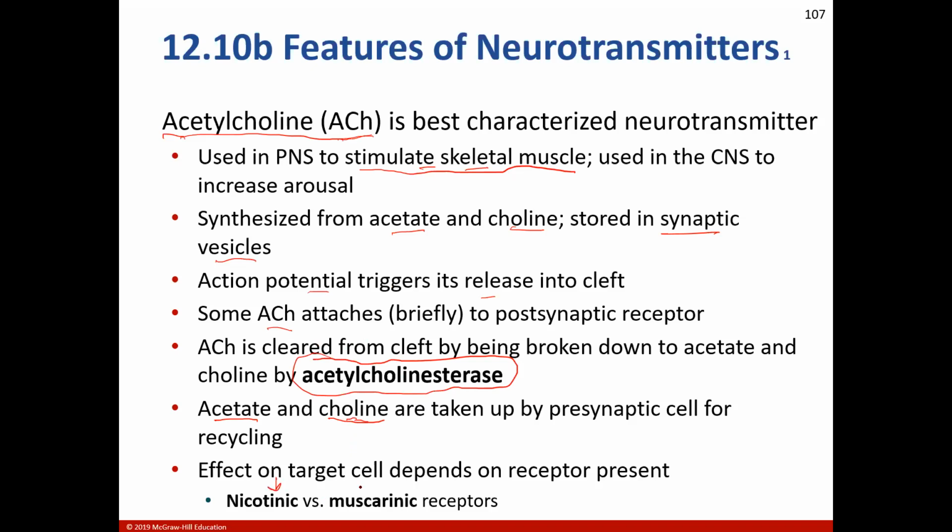So I'm going to introduce this now. It doesn't say here, I can't see it on this page, but this is very important. The receptors for acetylcholine are called cholinergic receptors.